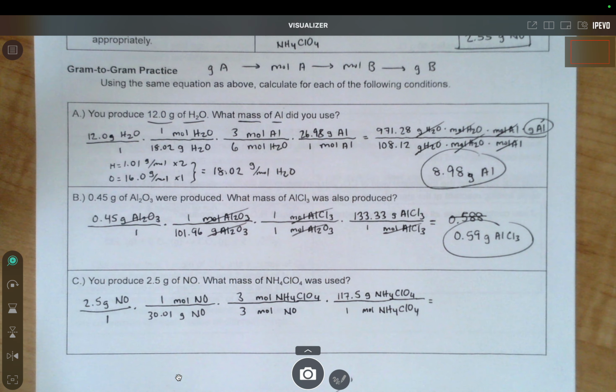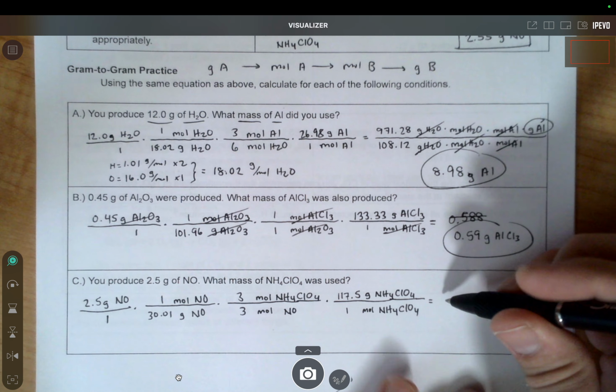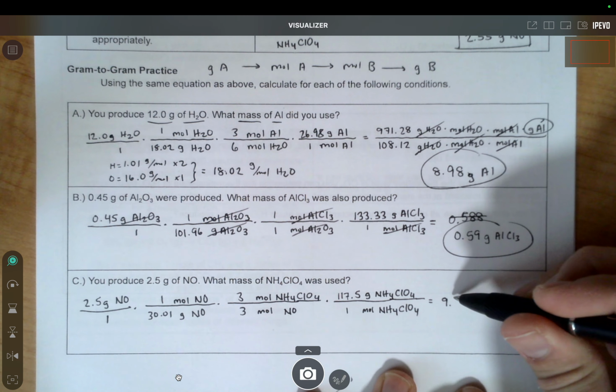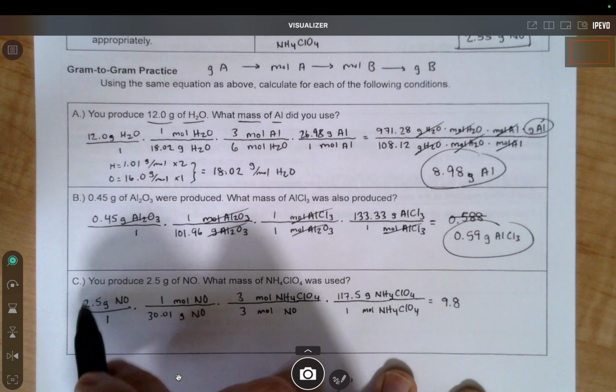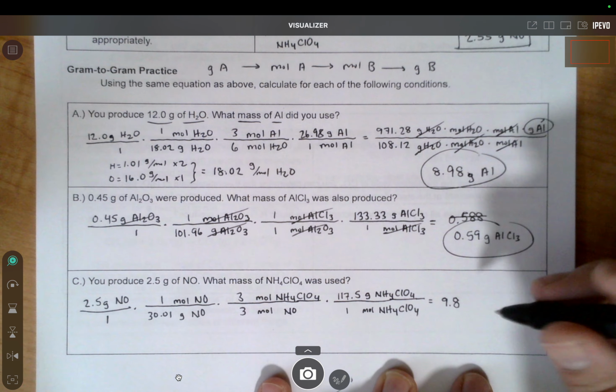Plug it in: 2.5 times 1 times 3 times 117.5 gives us a big number, divided by 30.01, divided by 3, divided by 1 gives us 9.8. If we're using significant figures, 2 significant figures here, we should have 2 in our answer as well.